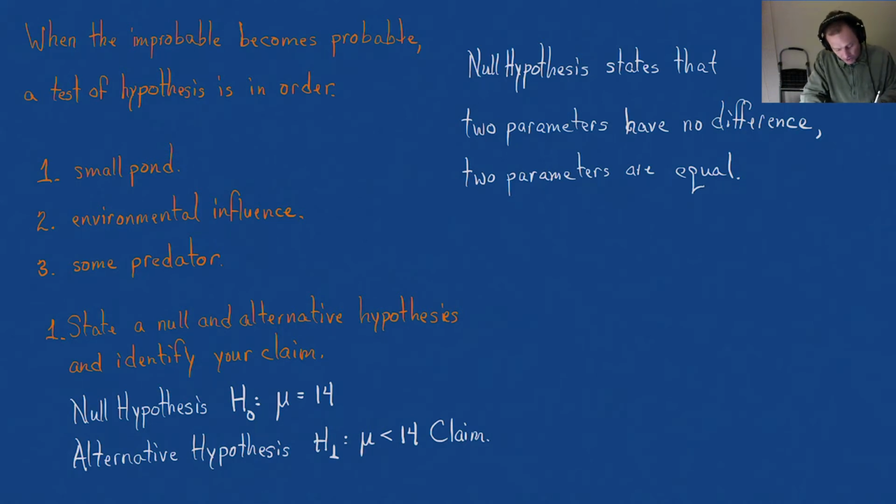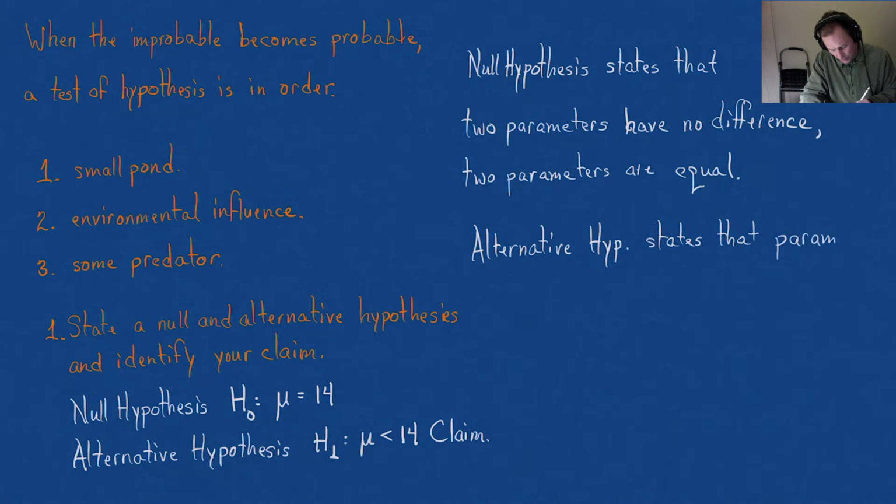Now, the alternative hypothesis, I'm going to abbreviate hypothesis, HYP. The alternative hypothesis states that parameters are different.